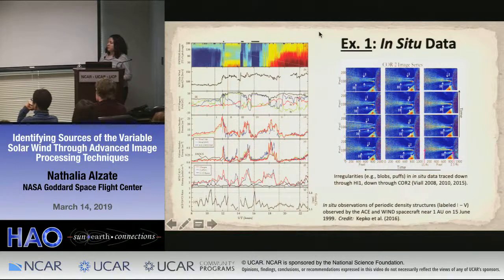Okay, so the first example is, Larry Kepko analyzed, he works mostly with in situ data, ACE and Wind, and so he noticed, can you see the pointer? Okay, in these regions, all these peaks, these are density enhancements.